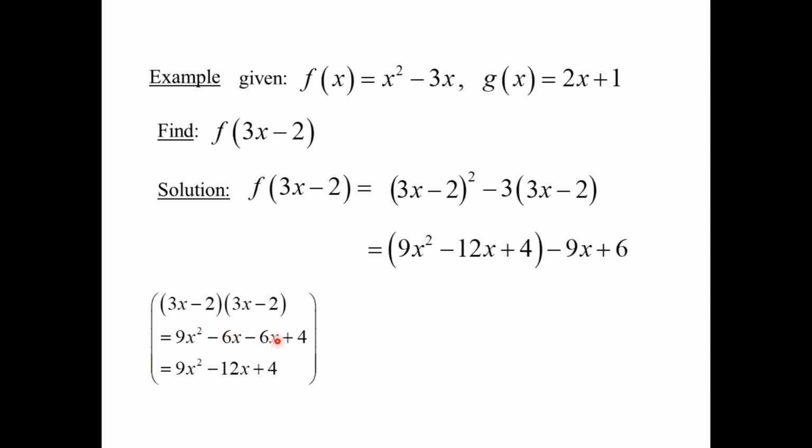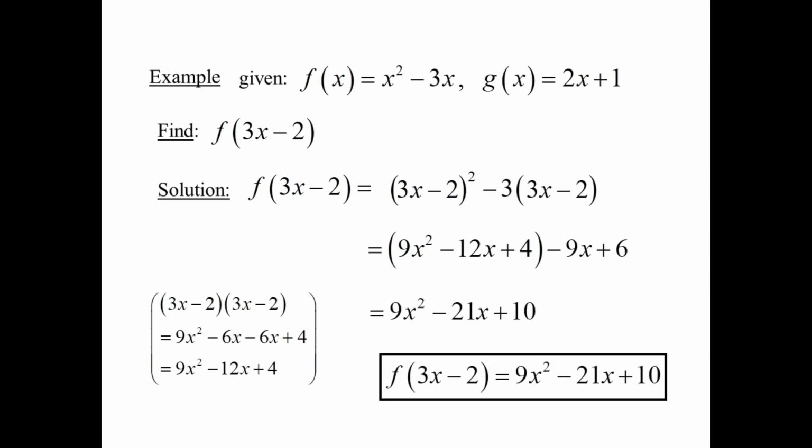Collecting these two like terms here, and it results in 9x squared minus 12x plus 4, which is what this is. And then minus 9x plus 6. And it's just a matter of collecting the like terms, and we can make this statement. F of 3x minus 2 equals 9x squared minus 21x plus 10.